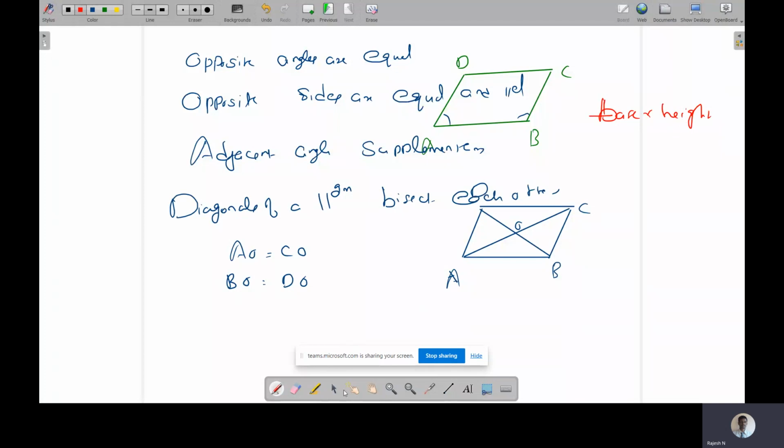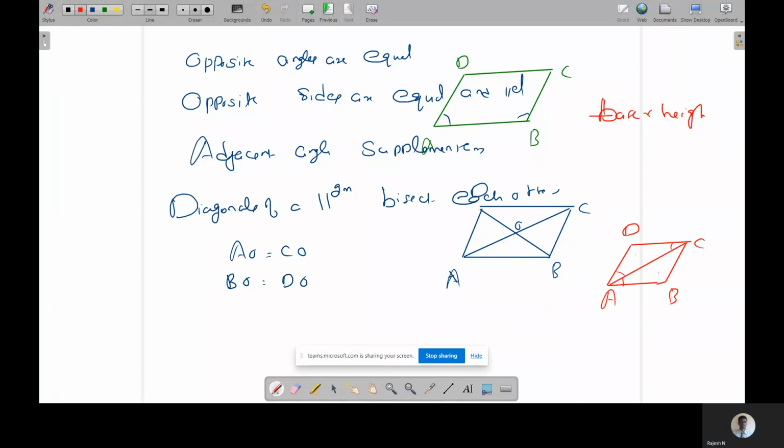And one more property is there in the parallelogram. I will give you the proof. The diagonal of a parallelogram divides the parallelogram into two congruent triangles. Why are they congruent triangles? Since the sides are parallel, this angle and this angle are equal.